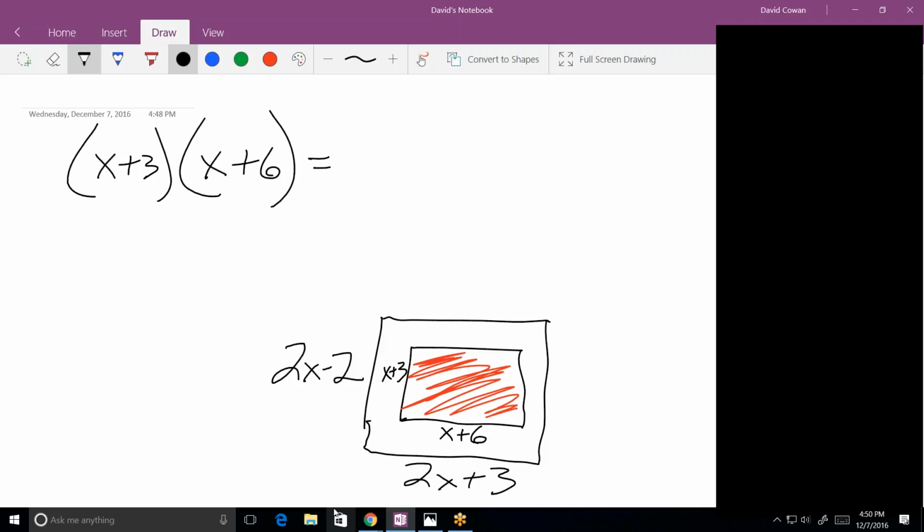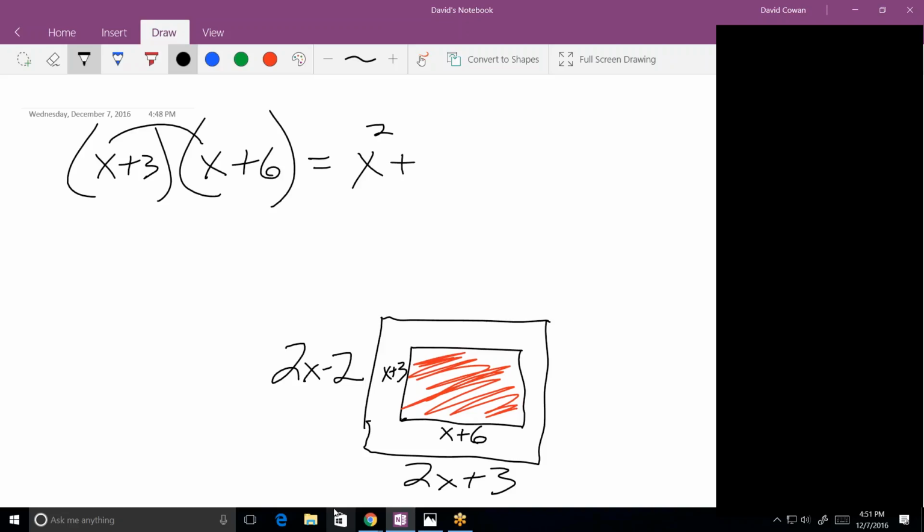So we have x times... Hold on. Very first step's going to be that. Always. X squared plus. Finish multiplying that term by every term that's on the right. We're still foiling this thing.